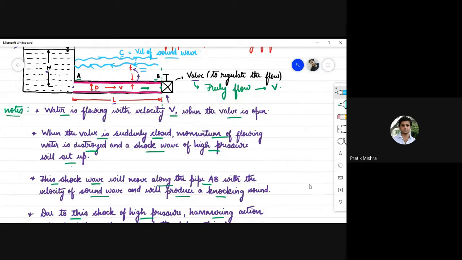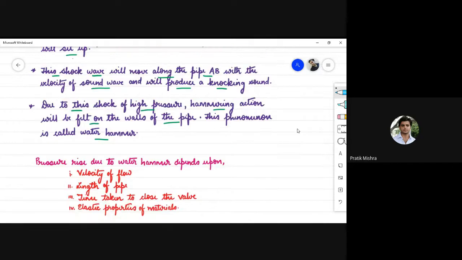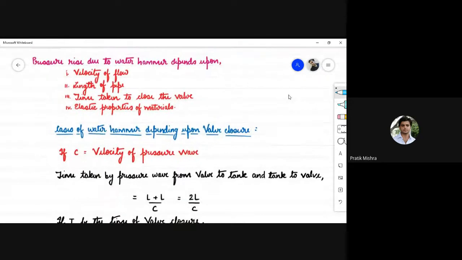ओके, कुछ फिनोमेना है यहाँ पे, और टर्म्स आई शुड से.